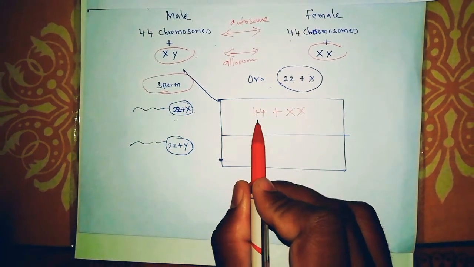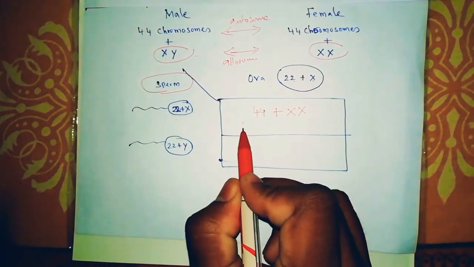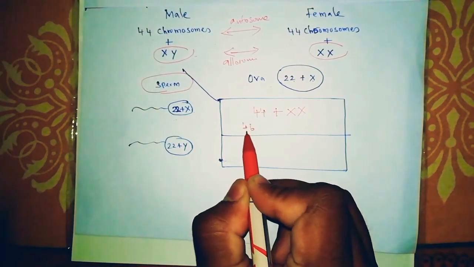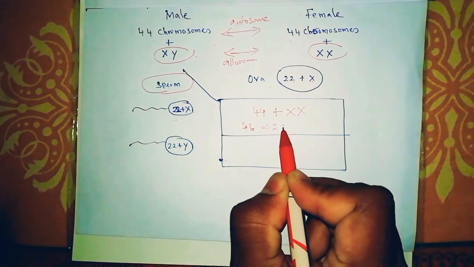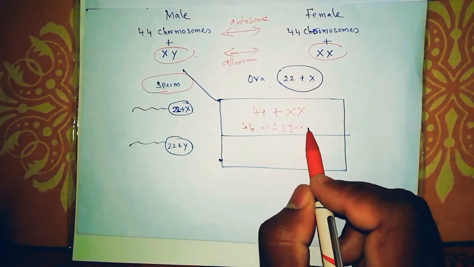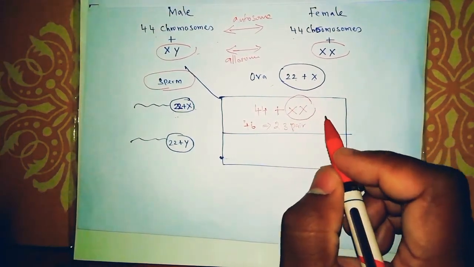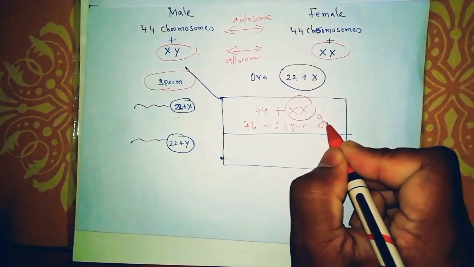So 44 plus 2 is 46, so totally how many? 46 chromosomes. In other words, 23 pairs of chromosomes. And what is the sex of that baby? Yes, it is a girl baby.